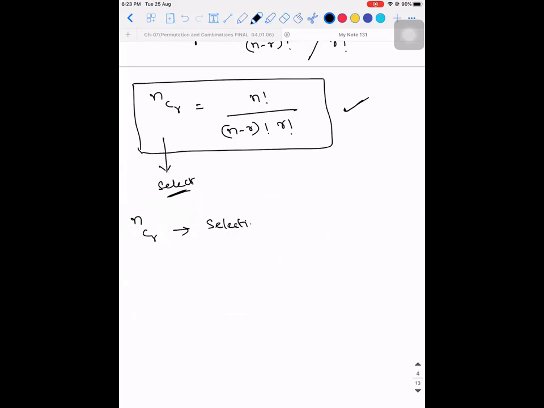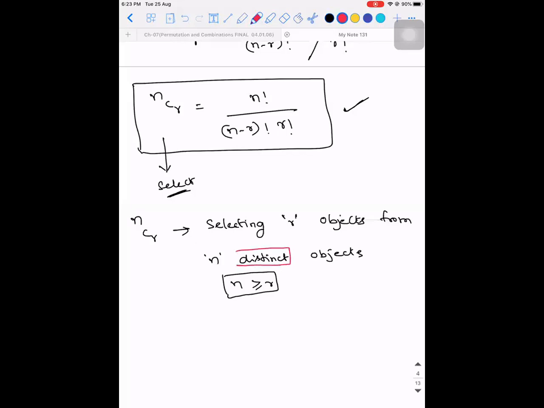Write it down: selecting r objects from n distinct objects, where n is greater than or at the max equal to r. So you need to select r objects from n. This word is very important: it is applicable only when you have distinct objects.